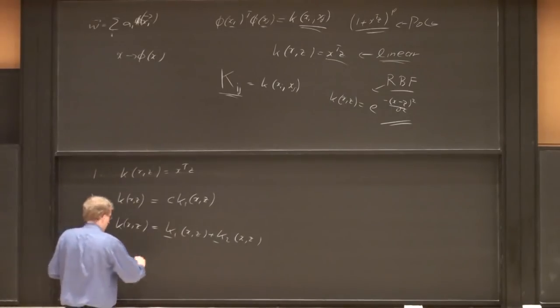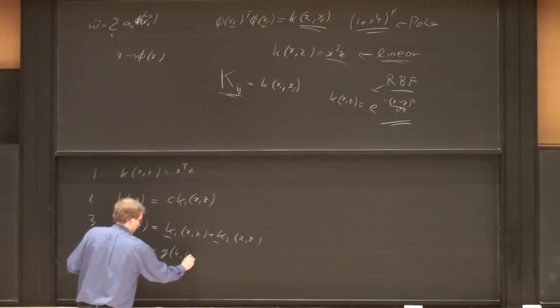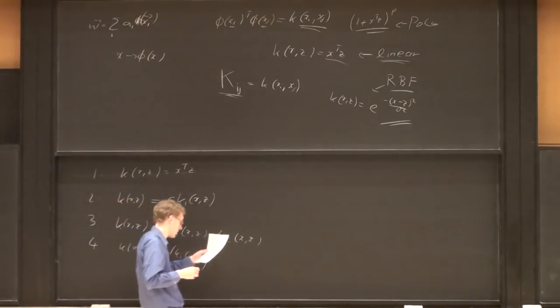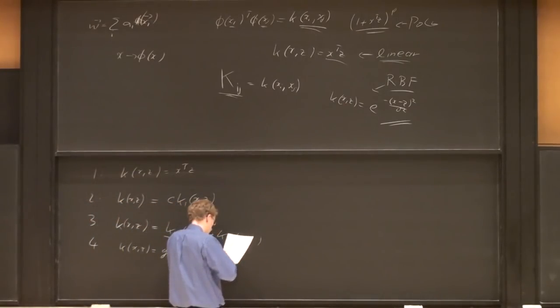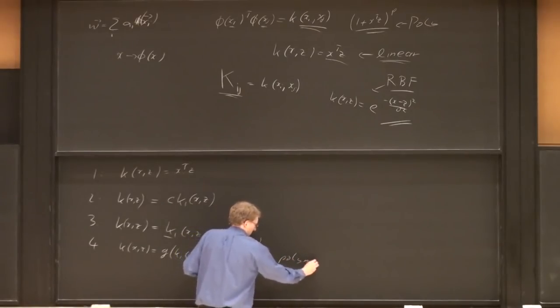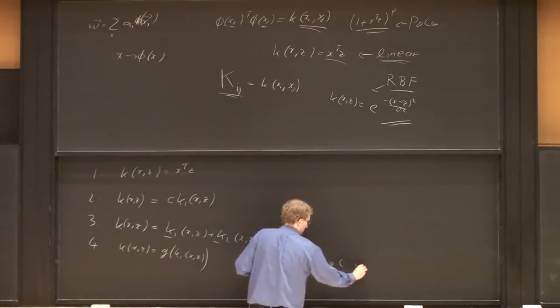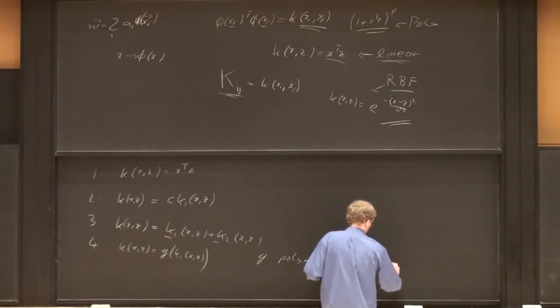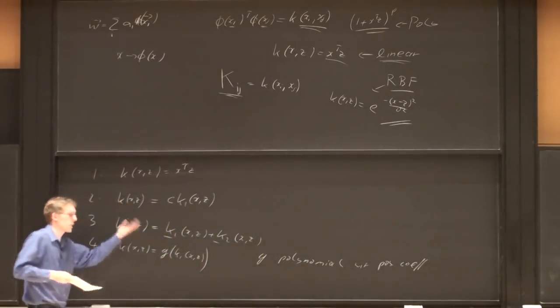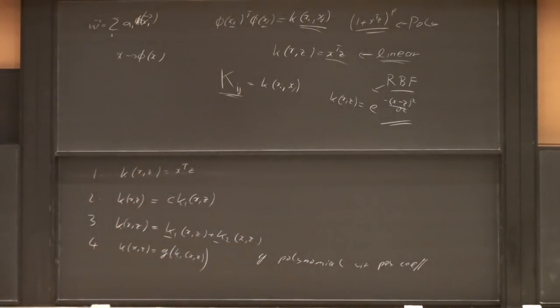If I define my kernel as g of k1 of x, z, and I forgot to write down what g is, it has to be a polynomial with positive coefficients. So you can basically square this, cube it, etc., and stick it into any kind of polynomial. It stays a kernel. It stays a valid inner product.